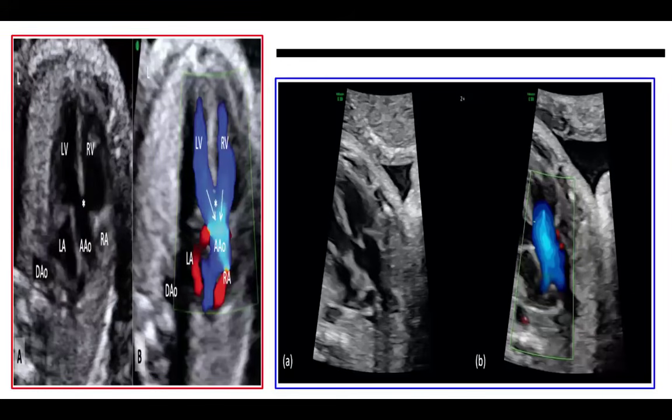Just take a mental note. I do want to point out we're actually looking at two different defects. One is a tetralogy and one is a truncus.